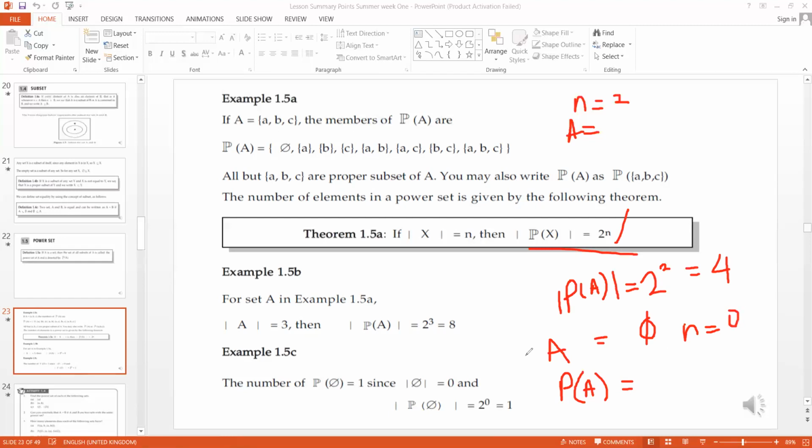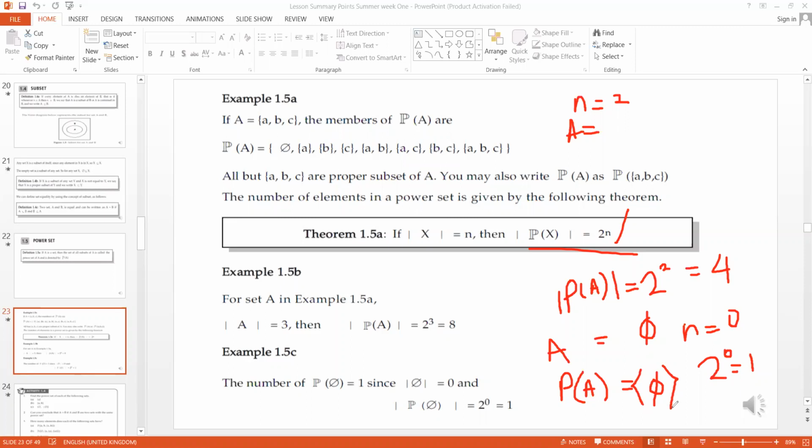So for the power set, we are going to have 2 raised to the power 0 elements, and 2 raised to the power 0 is 1. So we expect 1 element in the power set of A. And that 1 element is the automatic subset of every set, which is the empty set.